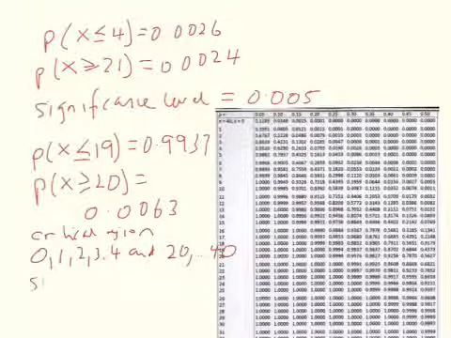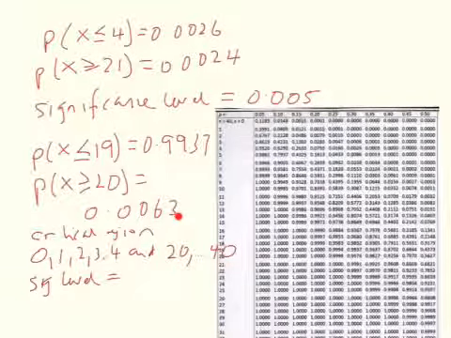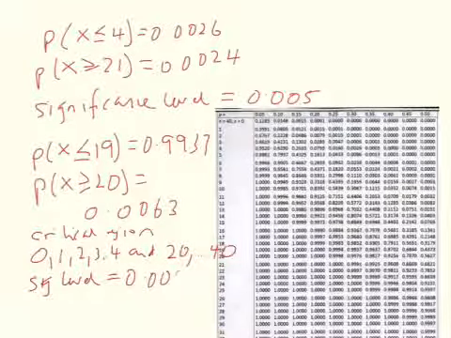And our significance level would be the 0.0026 we had before, this one here, but this time plus 0.0063. So we'd get 0.0063 plus 0.0026, that will give us 0.0089, which is closer to 1% than the half a percent we got here.